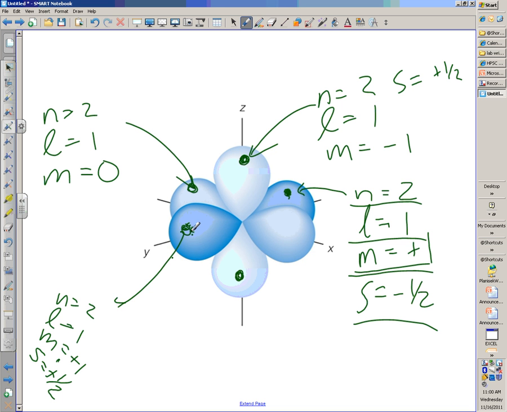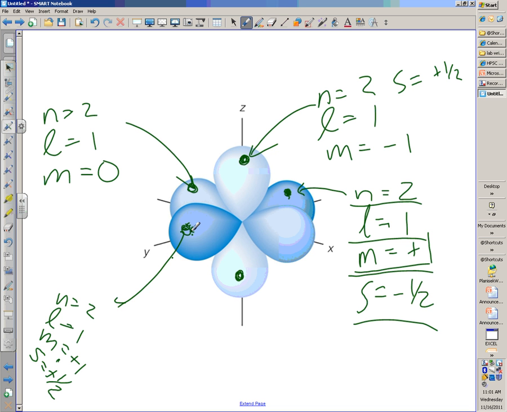Allison, I see these as dark blue, light blue, and white. But there's not enough M equals 0, M equals 1, because how many of these p orbitals are there? There's only 3.